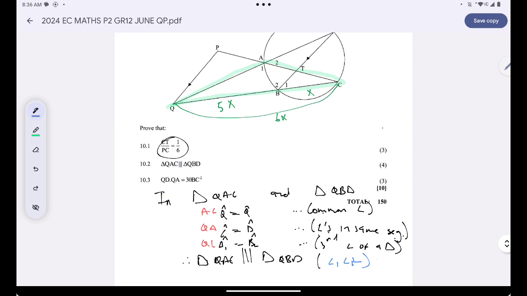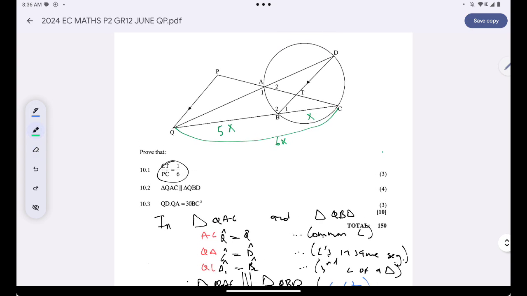Okay, now let's go to the other triangle, triangle QBD. Angle Q is subtended by what? By BD. And then angle D is subtended by what? By QB. And then angle B2 is subtended by QD.